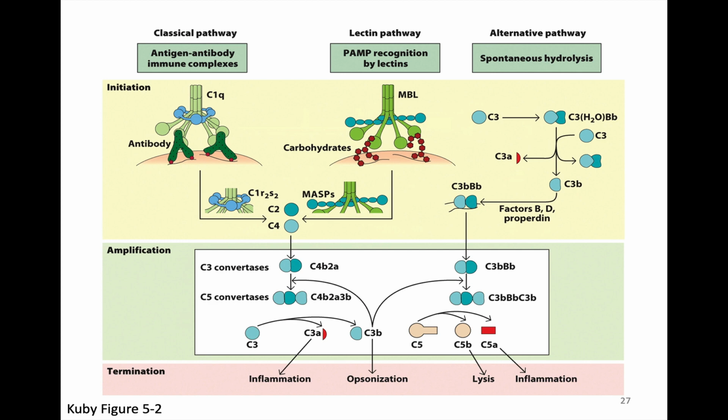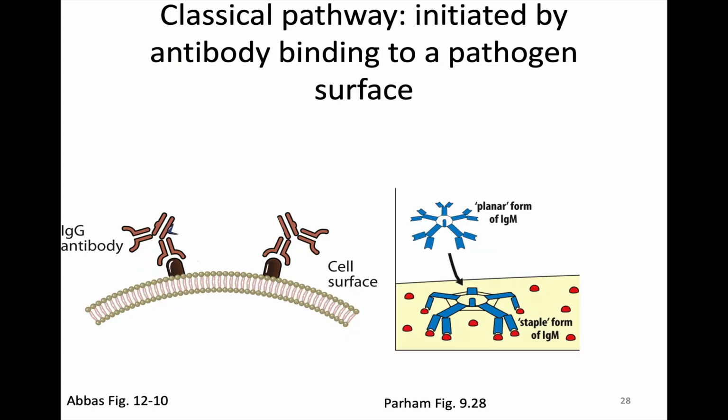We now know that the classical pathway is actually the last one that evolved. So it actually came in evolutionarily last. There are some organisms that can't do classical but can do the other ones, but it's the one most people like to learn first. And you'll see why. There's a reason why.